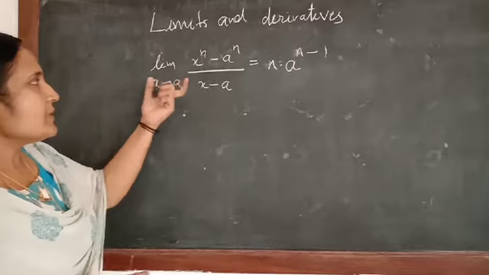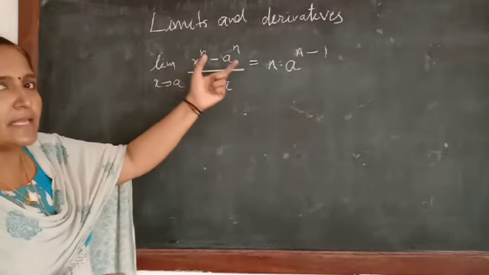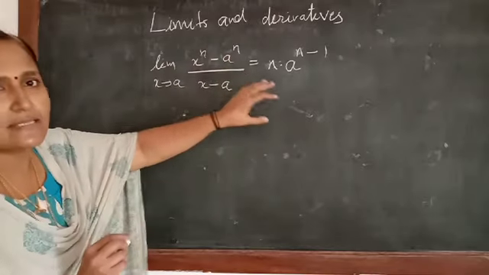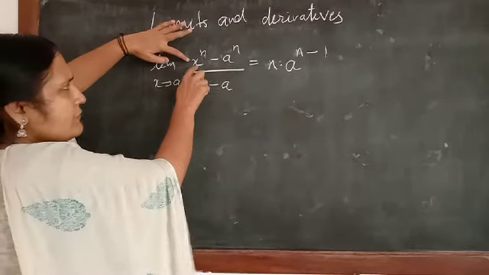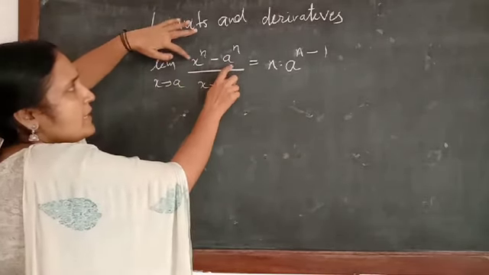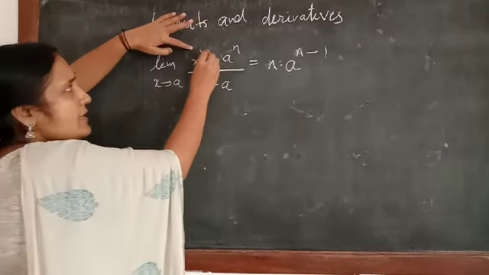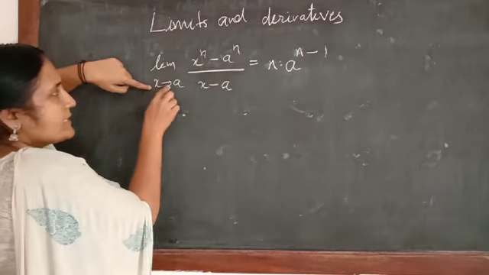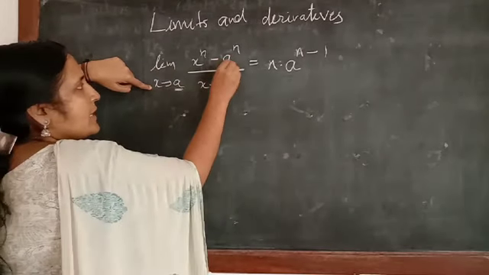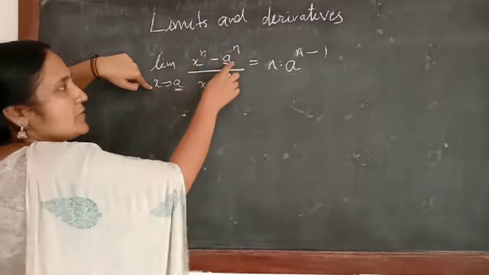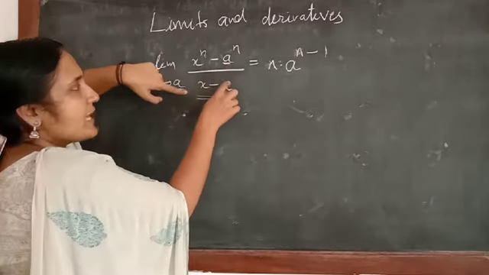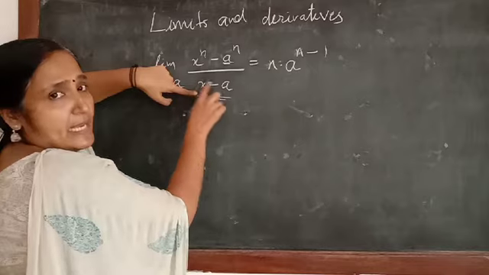If the question is given in this form, how do we identify when to use it? In the numerator, the two powers should be the same. Here x tends to a, so this number should also be a, and in the denominator the power of x and the power of a should be the same.